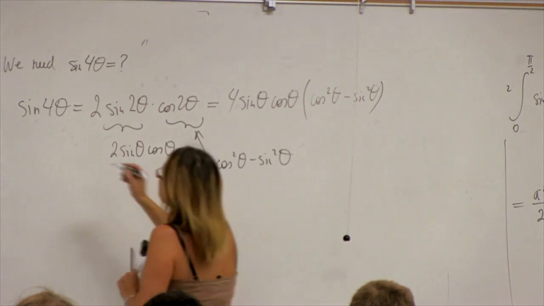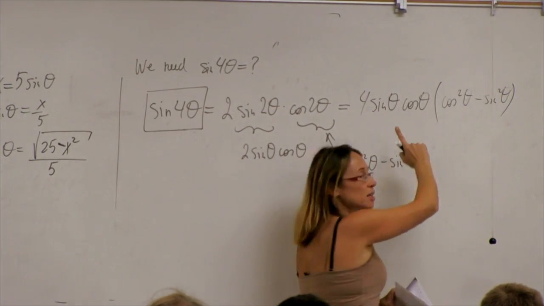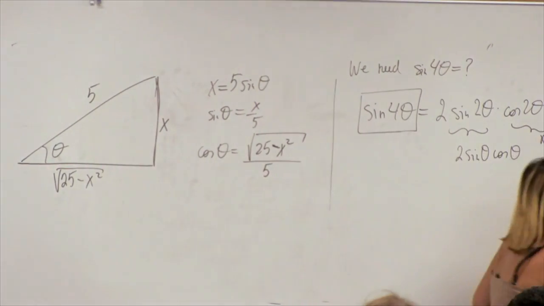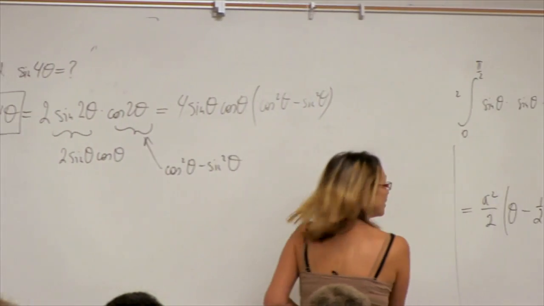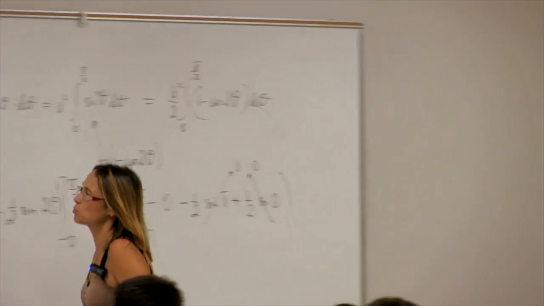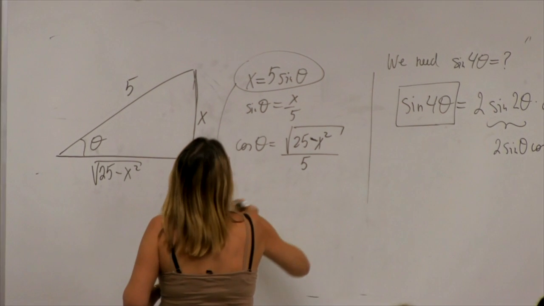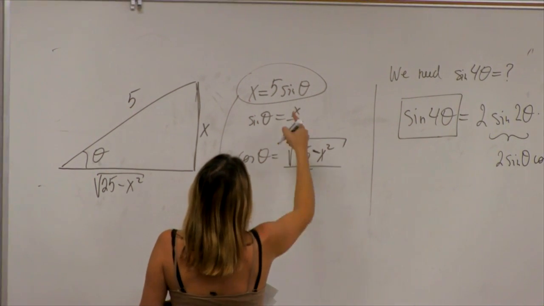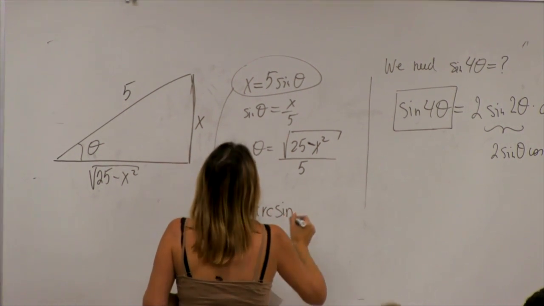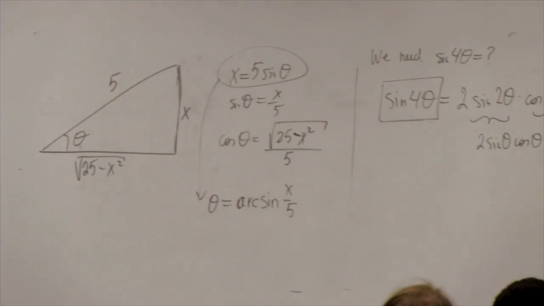So now the object that I'm after is completely expressed in terms of sine and cosine of theta, and they're all in this right triangle. I know the expressions for them. So let me continue writing here. Oh, and finally, I want to express theta also. From this, I can say that theta is equal to arcsine of x over 5. Okay? So I'm ready to write down the answer.